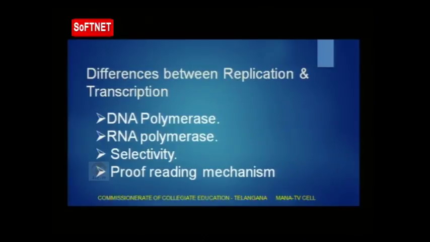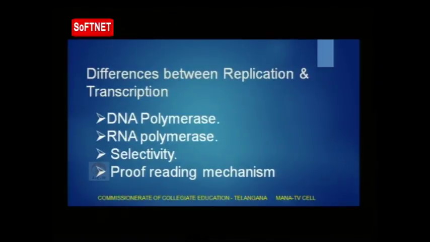So only selected regions of the genome will undergo transcription. The entire genome won't undergo transcription. The number of copies produced may be high, depending on the requirement of the cell.